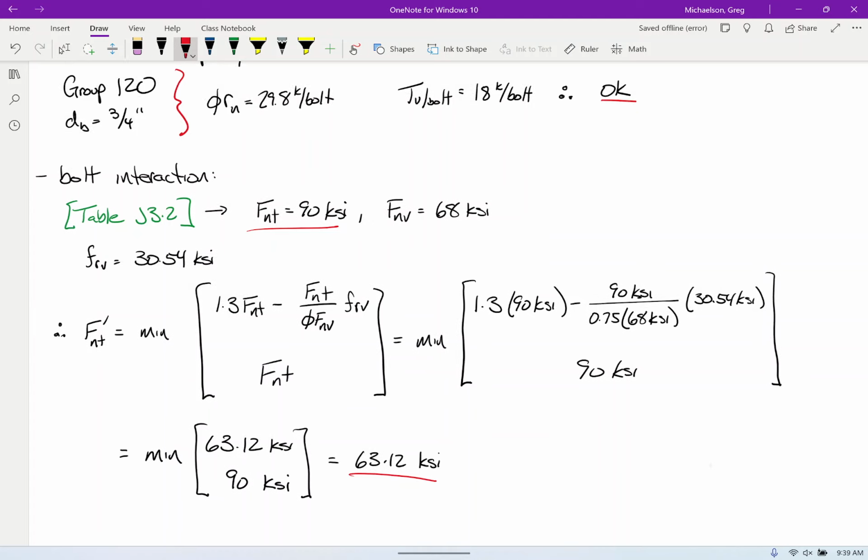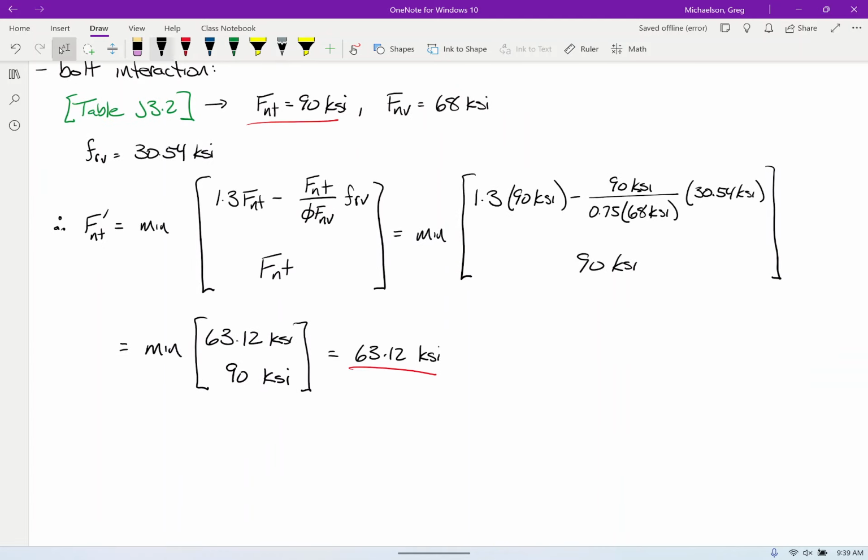So now what we're going to do is compute a new phi RN. Maybe we'll call it a phi RN prime if we want. So that's phi FNT prime AB.